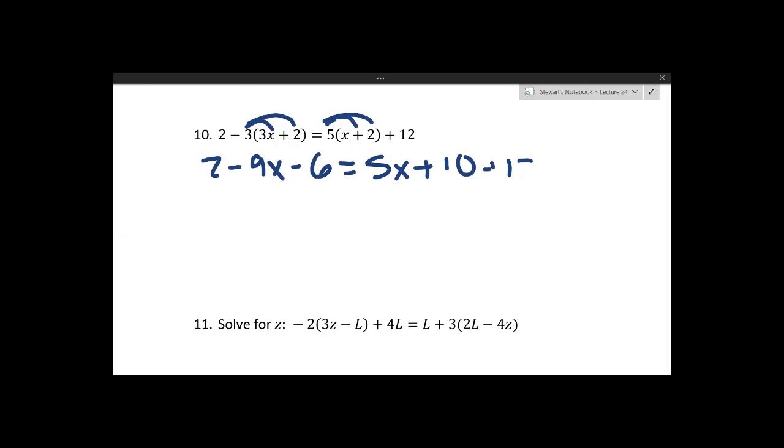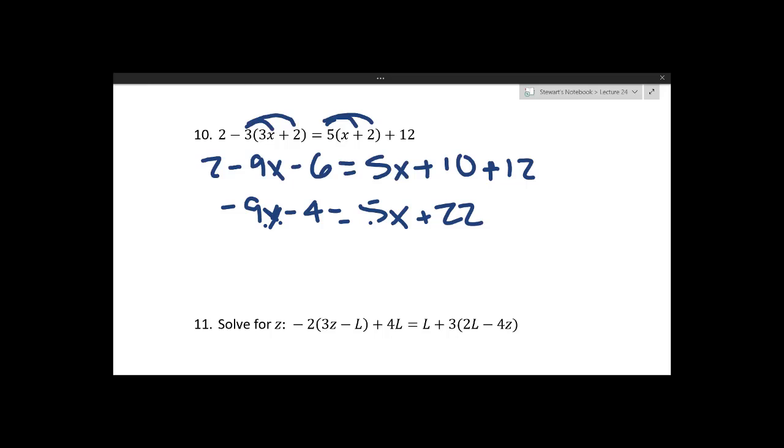And then we have plus 12. So now we can combine as many like terms as we can on each side. 2 minus 6 on the left side would give us negative 4. So we'd have negative 9x minus 4 is equal to 5x plus 10 plus 12. So we'd have 5x plus 22.